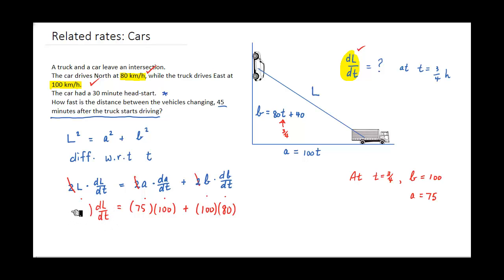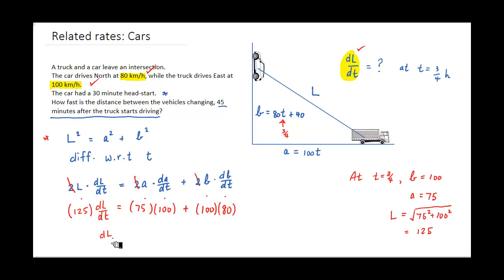We're going to need the value of L. Well, we do have this formula up here, so we can find the value of L fairly easily. So at t equals 3/4, L is going to be the square root of 75 squared plus 100 squared. And that works out nicely to exactly 125. So that goes here, 125.